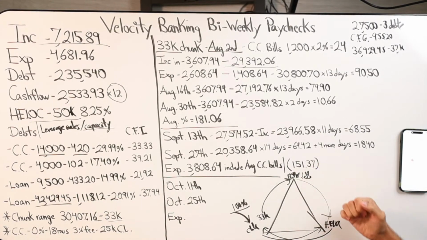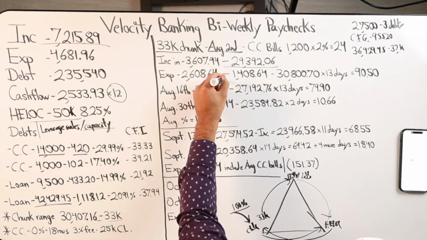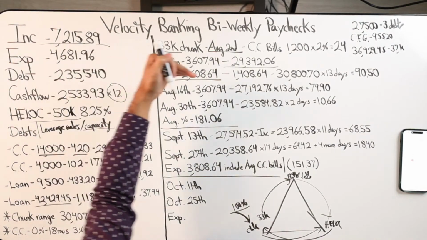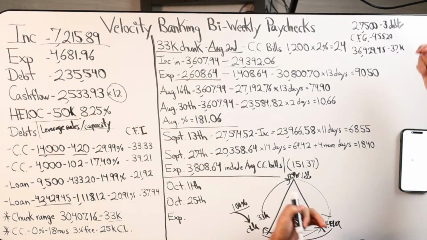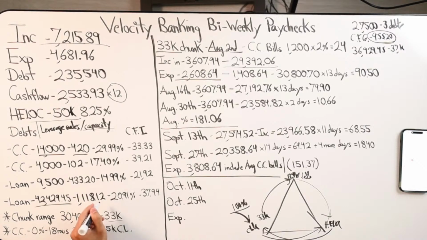So I moved the debts into the HELOC. My income is in the HELOC. Now I need to pay bills. Now, for the month of August, our expenses went from $4681.96 down to $2608.64. Why? Well, I'm no longer paying $955.20, and for the month of August, I don't make that payment of $1,118.12, right?